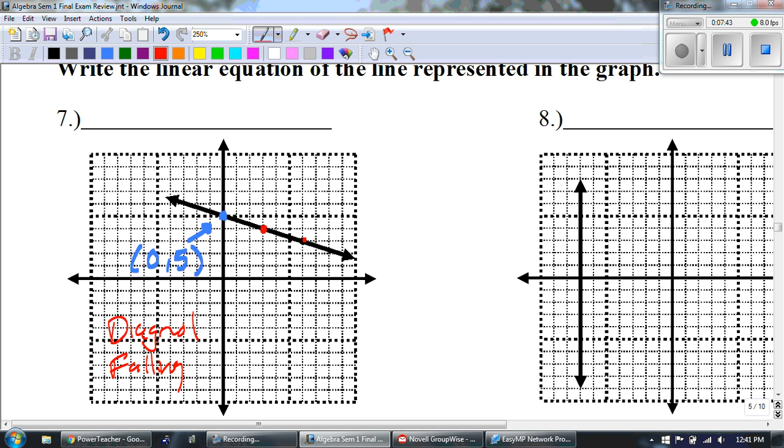From one point to the next, we're going down 1 and then over 3. So I know that y equals -1/3 x, because that's our slope, and then it is plus 5.